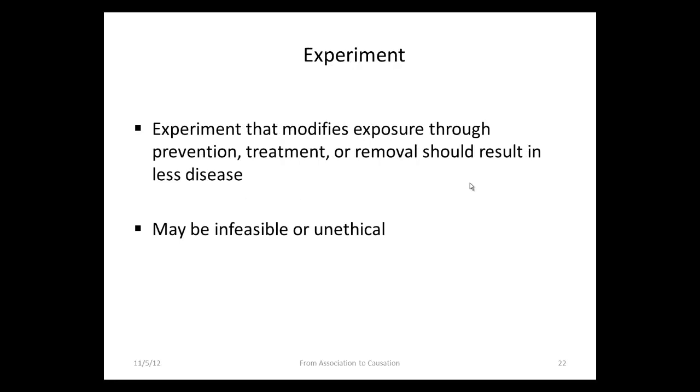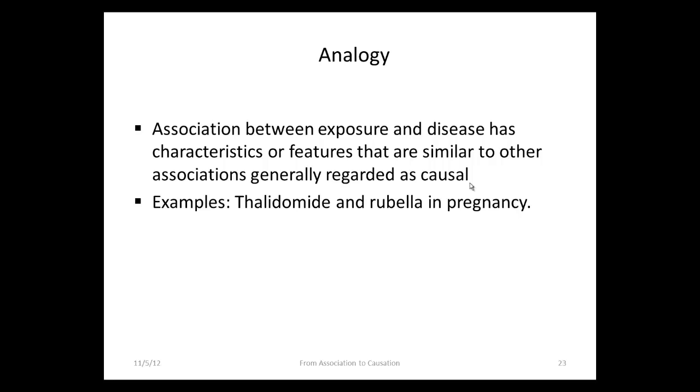Experiments, Hill put on his list of causal criteria. If we know that we've assigned the exposure to people randomly, then we've got a very strong causal argument that the differences in outcomes we're seeing are related to those exposures. Of course, not always possible. And finally, analogy. Does the association between the exposure and disease have characteristics or features that are similar to other things that we know are also considered causal?